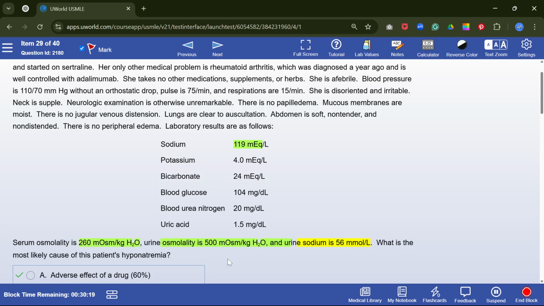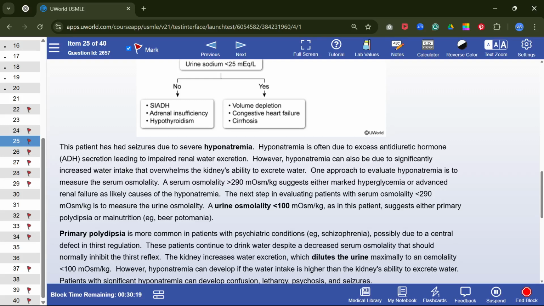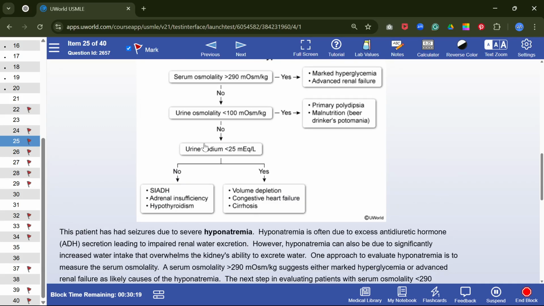If urine osmolarity is higher, then there are three causes: SIADH, adrenal insufficiency, and hypothyroidism.